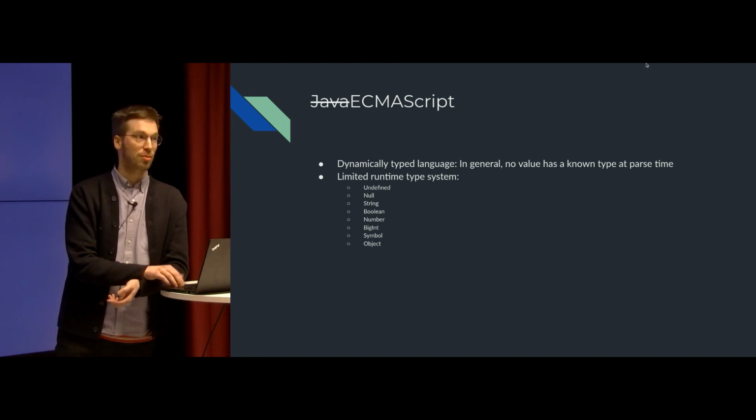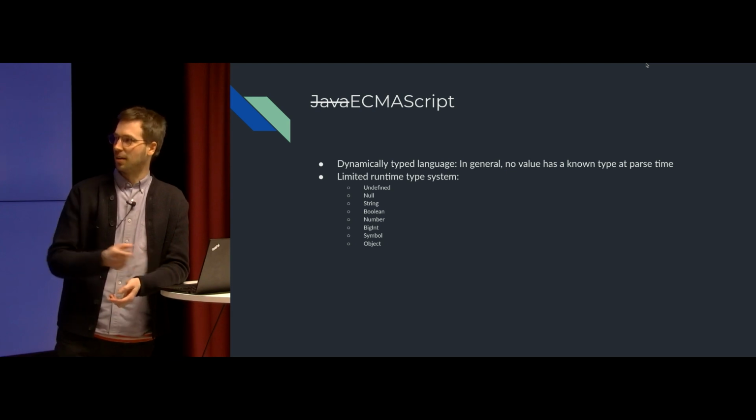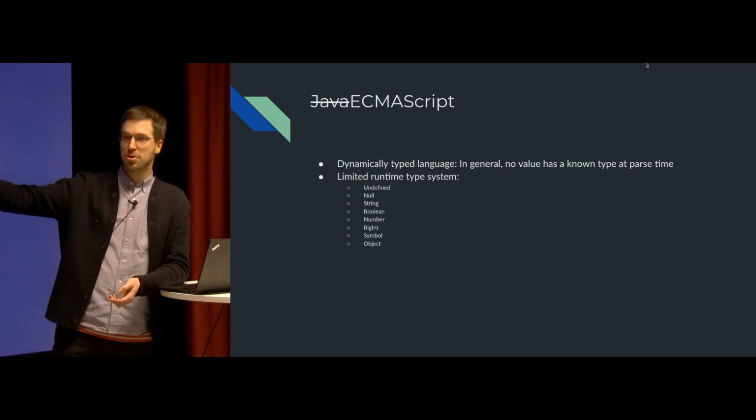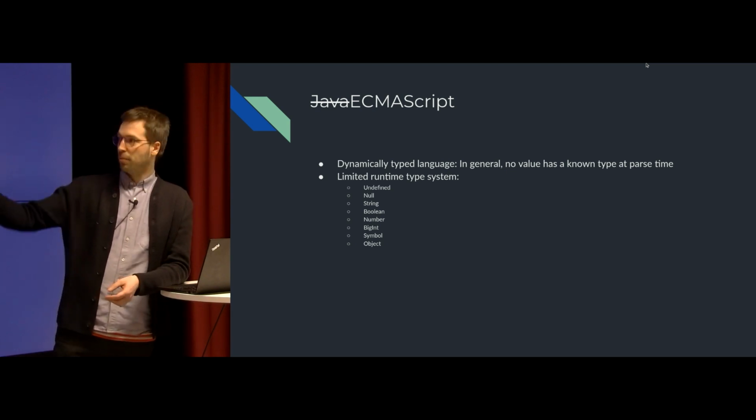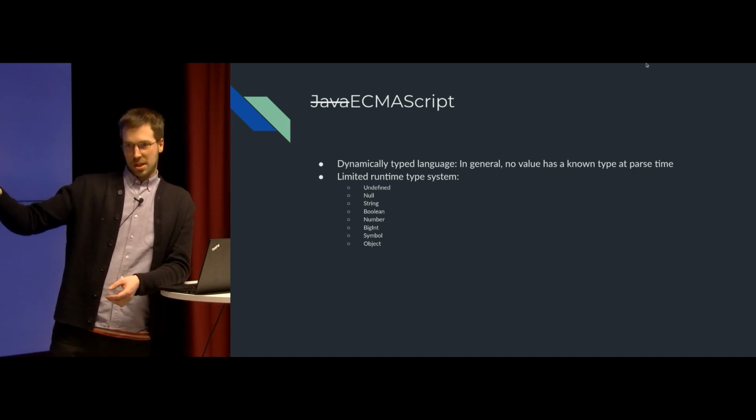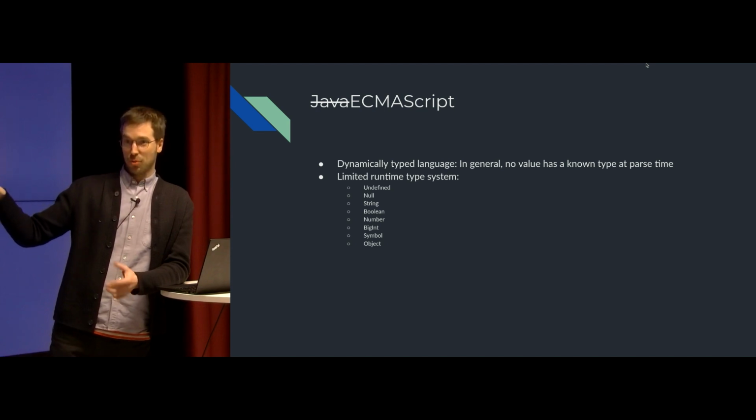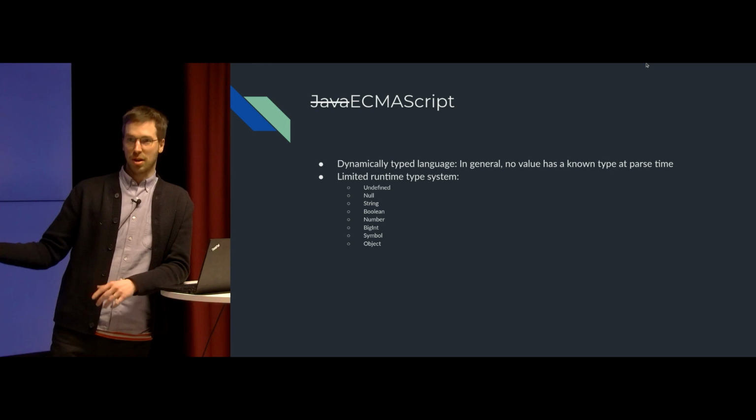No floats and no functions. Yeah. So floats go into numbers. So the number in JavaScript is a double, except that it actually works differently with bitwise operations. When you do bitwise operations, it's a 32-bit signed integer.